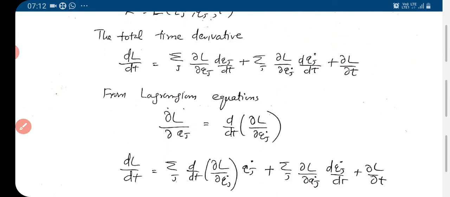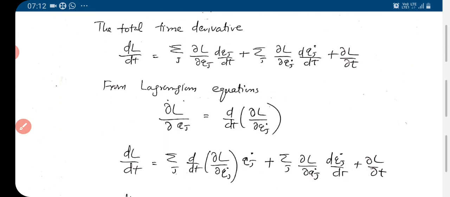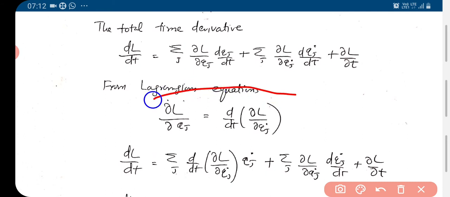From the Lagrange equation, what is the Lagrange equation? d/dt of ∂L/∂q̇j minus ∂L/∂qj is equal to 0 for conservative systems. So ∂L/∂qj is equal to d/dt of ∂L/∂q̇j.